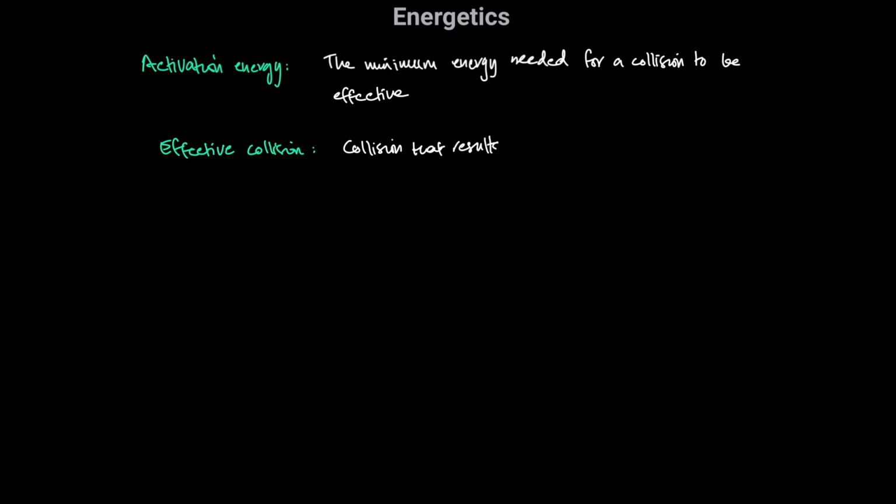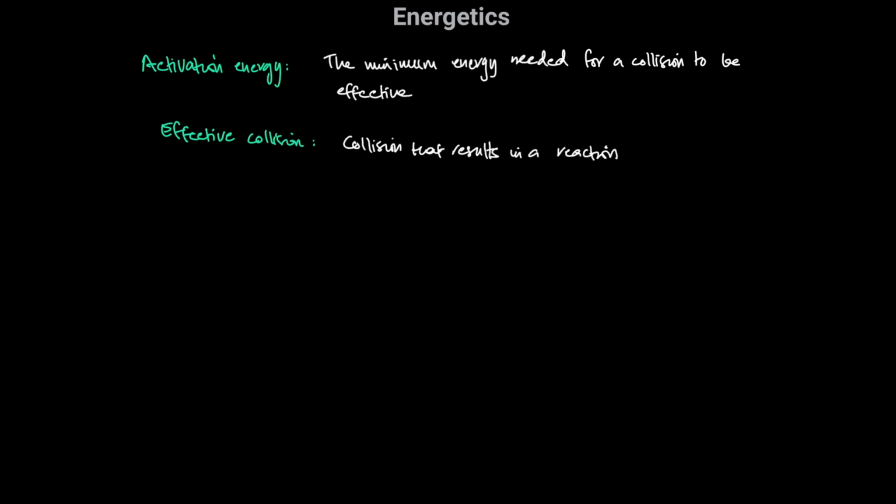Collision that results in a reaction. You should know from kinetic particle theory that particles are constantly in motion, and when they collide, those collisions may result in chemical reactions.